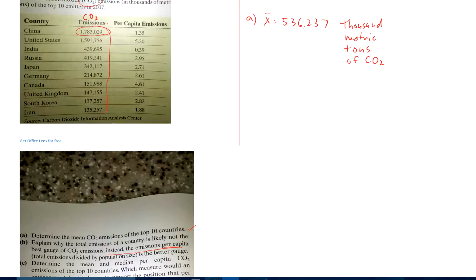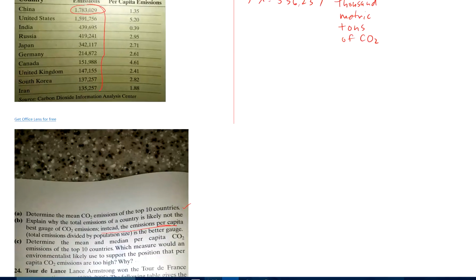So let's do like they said. Let's look at emissions per capita. Okay, total emissions divided by population size, which is what they already did right here. Okay, so let's look at that. Determine the average and median per capita. So let's just look at these numbers first of all.